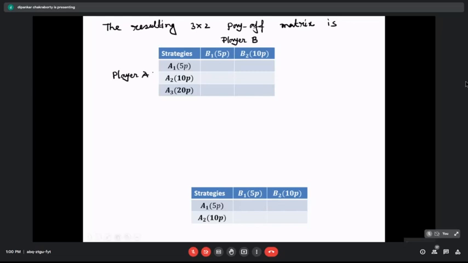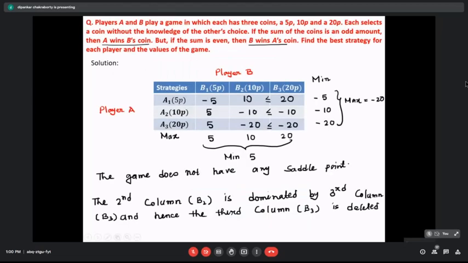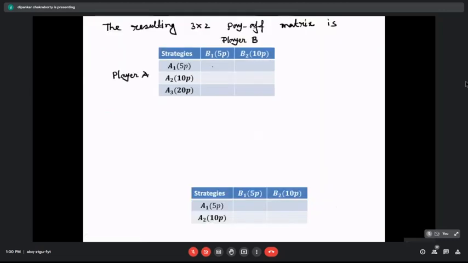So what will be left? Let's see. Minus 5, 10, 5 minus 10.